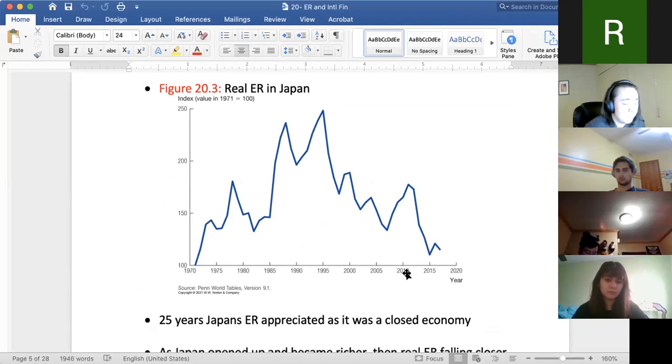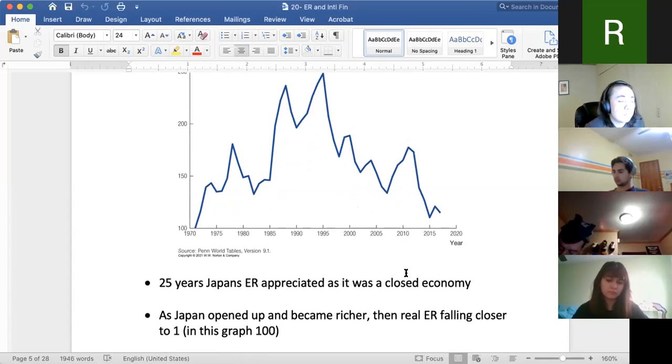But what do we see here for Japan's real exchange rate? Goods are consistently more expensive in Japan, right? Goods in Japan are more expensive than they are in the US. Why? In many ways, this is because Japan is not a free trade country, right? Particularly in the 1990s and 2000s, when a lot of the Japanese economy was closed, right? It was closed to imports and exports, so it was closed to essentially trade.